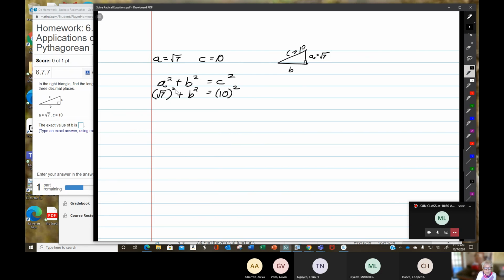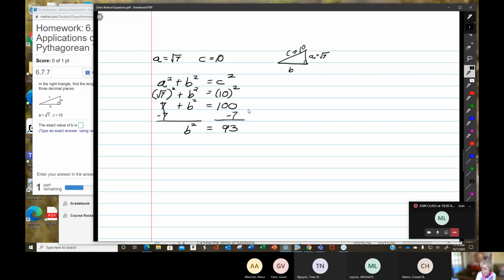Now the square root of 7 squared is 7 plus B squared equals 100. And then I subtract 7 from both sides so I can solve for B. Well, for B squared, first I have to solve for B squared. 100 minus 7 is 93. And so B squared equals 93.